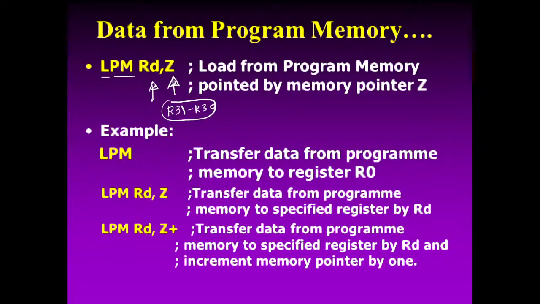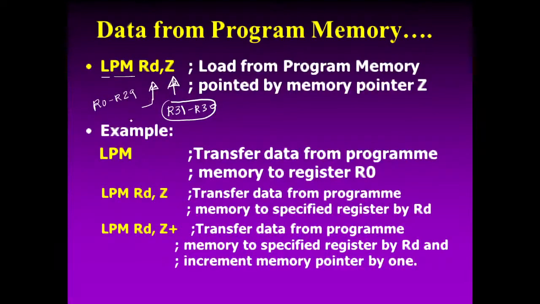Any register from R0 to R29 you can use here as Rd. Whatever data is available at the memory location specified by the Z register will be transferred to this register. Ultimately this instruction is very useful to load from program memory pointed to by the memory pointer Z.